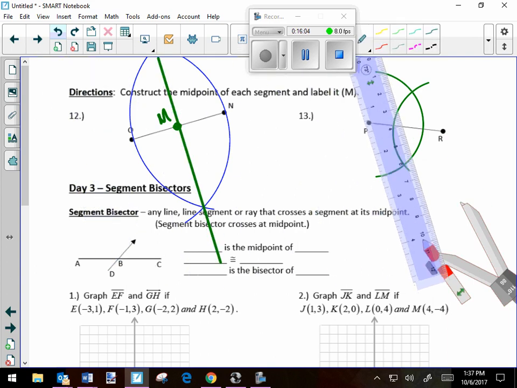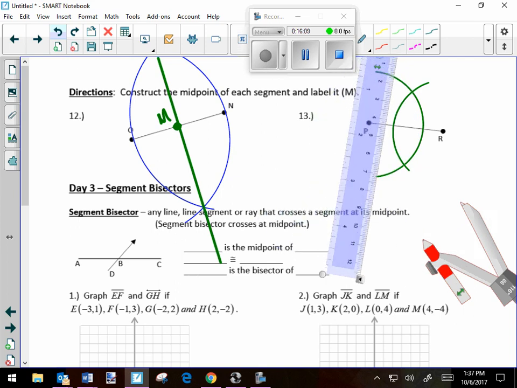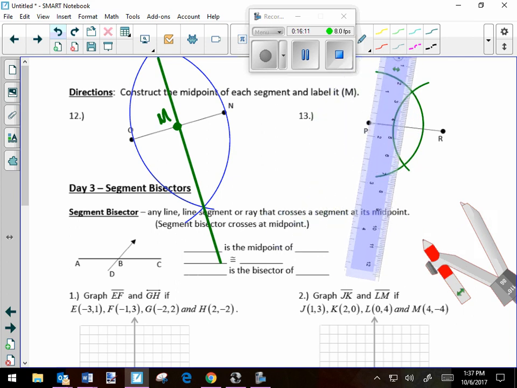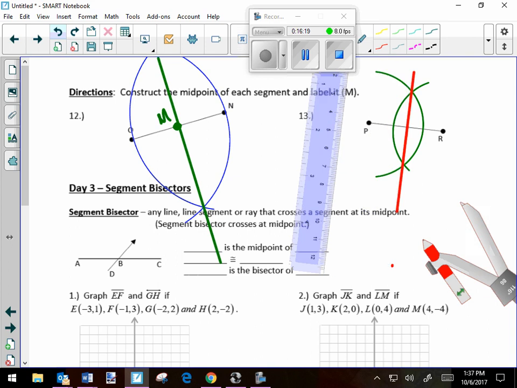So when I draw this in here, it takes a little bit for me to get my ruler lined up just so. I can draw that in. And this point that's right here, that sits on the perpendicular bisector, also creates the midpoint for me.